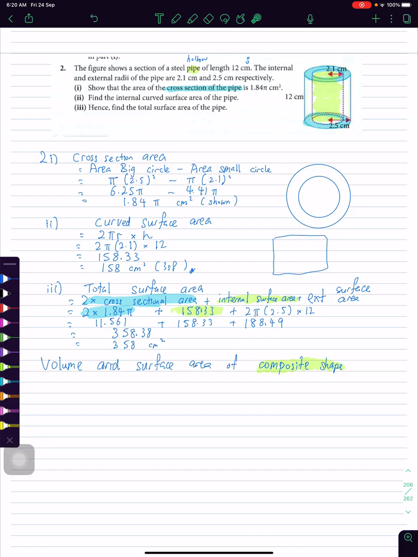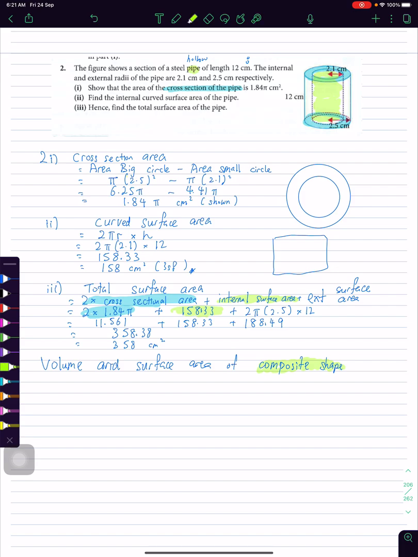Now the cross-sectional area is basically the blue color area, so it's just the area over here. Alright, so how do I find this area? I just take the area of the big circle minus area of the small circle. And because they want it in terms of pi, you notice over here, the pi I didn't key into my calculator.